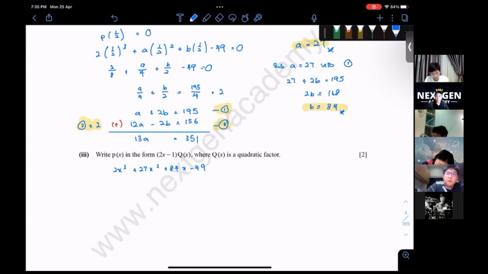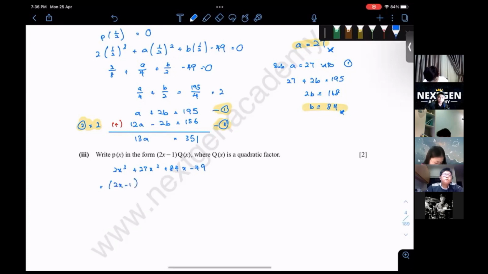They tell you that one of the factors is 2x minus 1, then you write the other factor as ax squared plus bx plus c, then you cross multiply and compare with the original cubic equation itself. I don't recommend that. Just do long division.